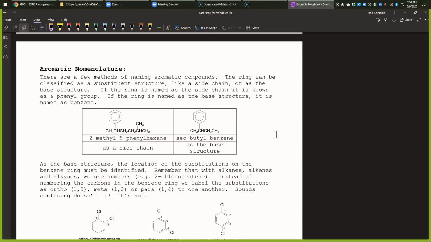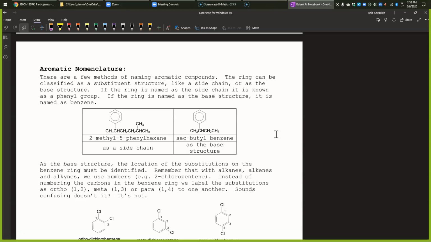But the moment you attach something to the benzene ring, it becomes not reactive, not dangerous. Like both vanilla and cinnamon are benzene rings with stuff attached to them. So the moment you've attached stuff to the benzene ring, the chemical reactivity completely changes.